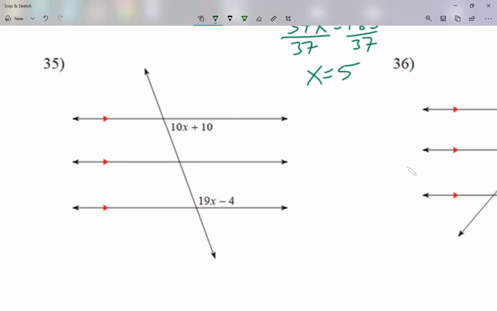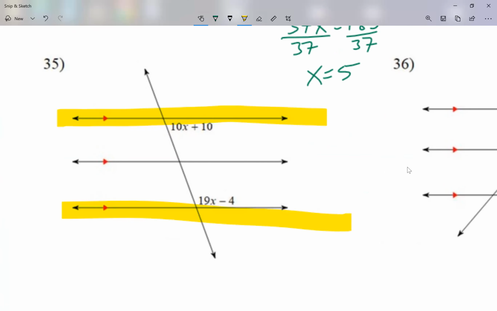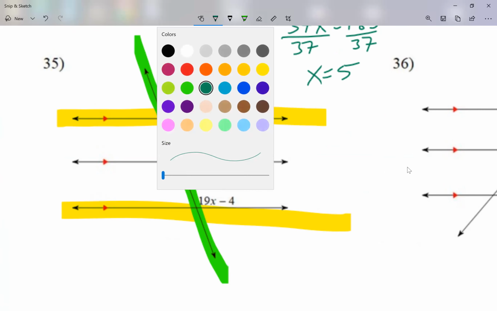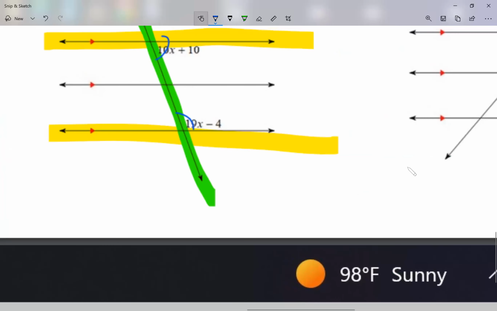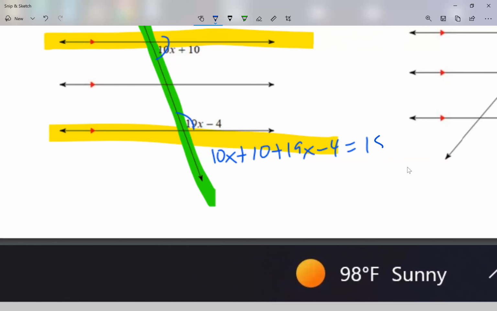Taking a look at number 35. My two parallel lines are going to be these two lines. My transversal is going to be this line. My angles look like same side interior. So that means I add everything and set it equal to 180. So 10x plus 10 plus 19x minus 4 is equal to 180.